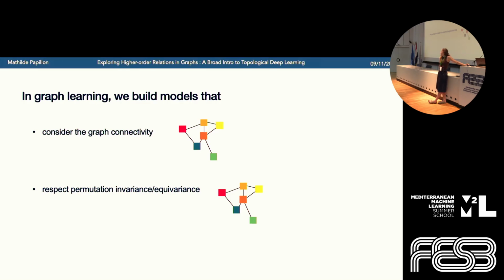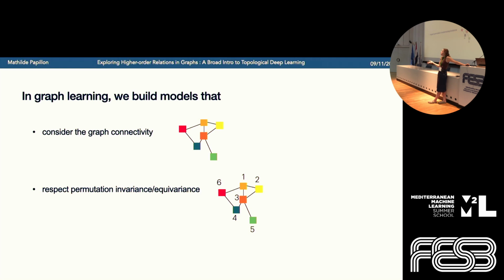This means that when I send in my node features, I'm sending them in an order, right? There's one node feature that comes first, second, third. It's really important that my neural network, whatever it is, is not fundamentally affected by the order in which I send in my nodes. So whether I order my nodes like this or like this, my output shouldn't fundamentally be different.